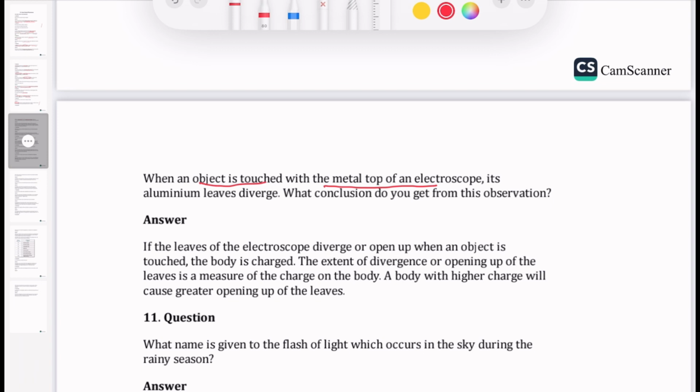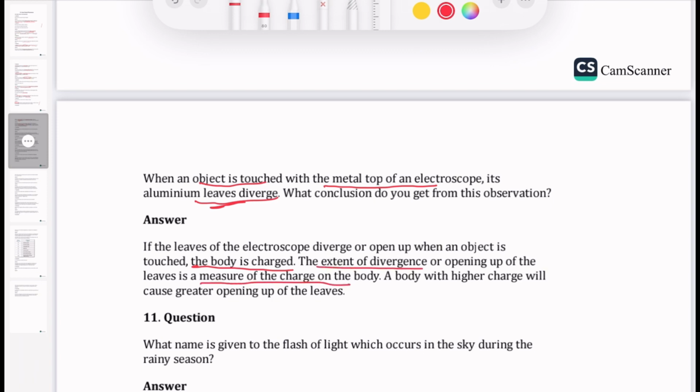The aluminium leaves diverge. What is the meaning here? The body is charged. So why do the aluminium leaves diverge? Because the body is charged. The extent to which they diverge is a measure of the charge.